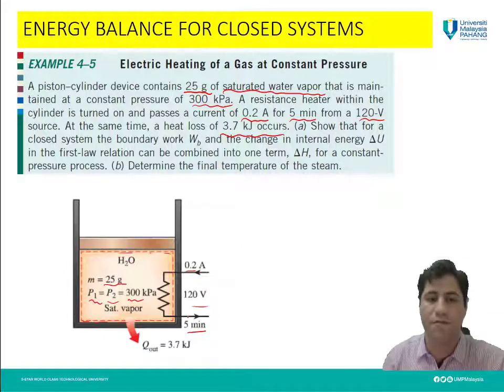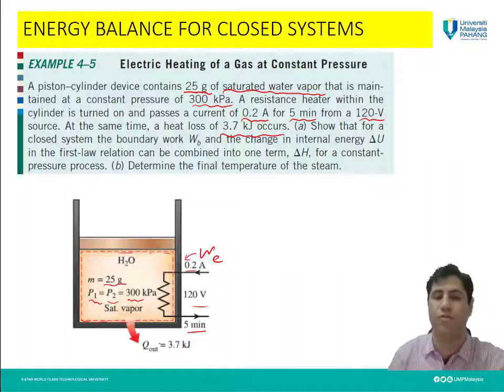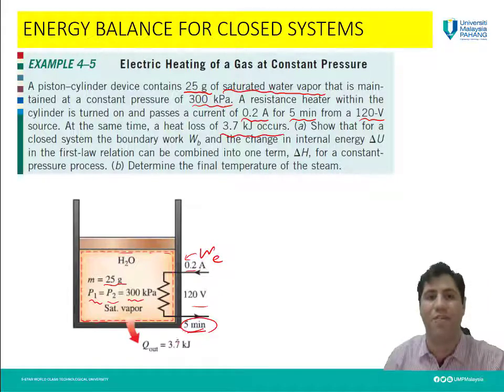In other words, during 5 minutes, we have this work, We, to the system, and a transfer Q out equal to 3.7 kilojoule from the system. So we have a heat transfer and work for the system during 5 minutes.